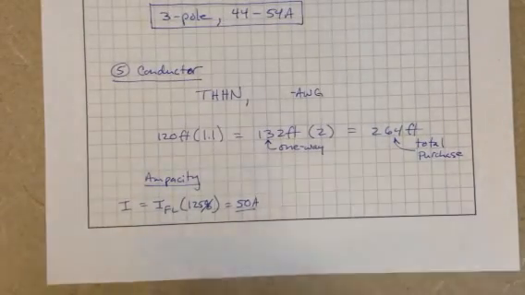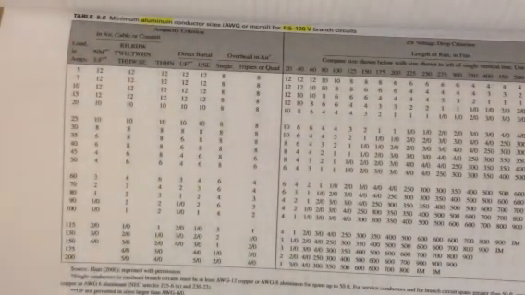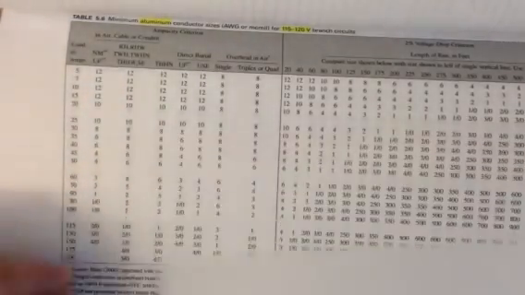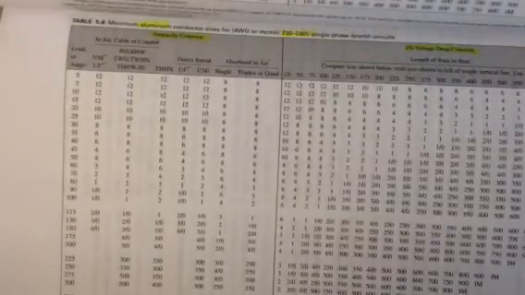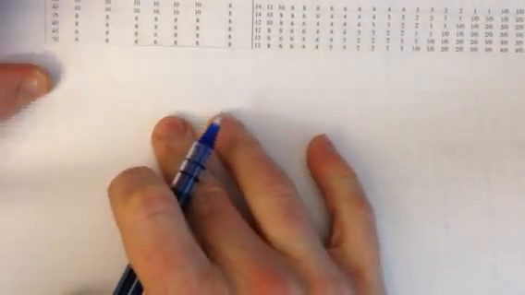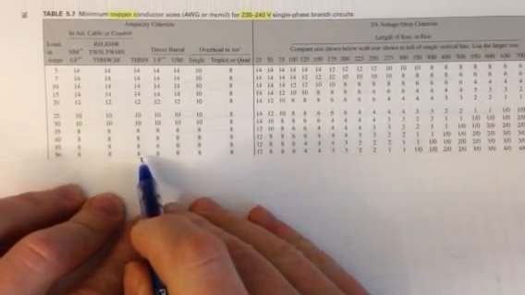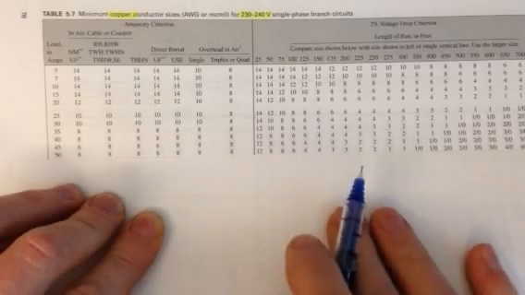We're going to figure out from an ampacity standpoint, at 50 amps, we're going to want to look at our table 5.6. Nope, 5.7. We're going to look at 50 amps, and we're going to be in the THHN, 50 amps, and that's going to be 8 gauge. Okay.